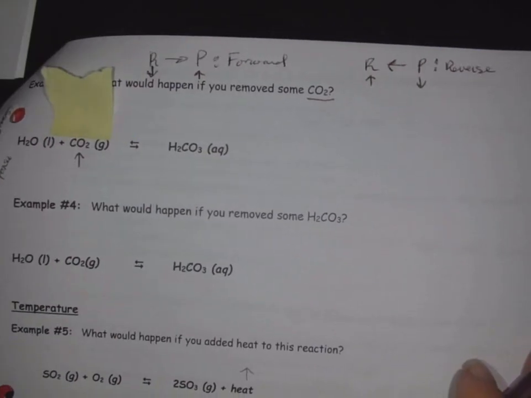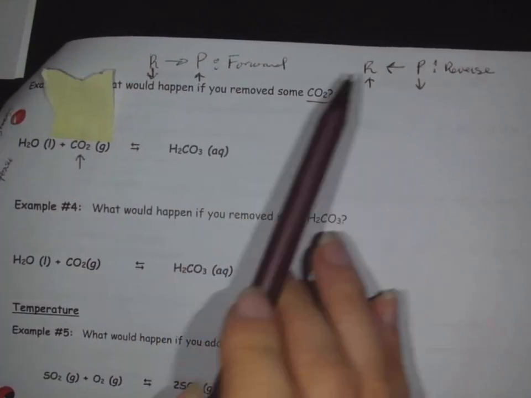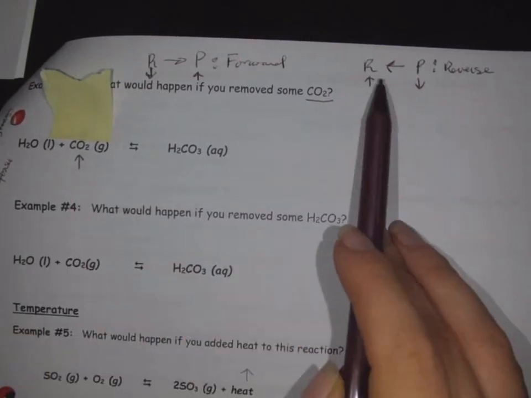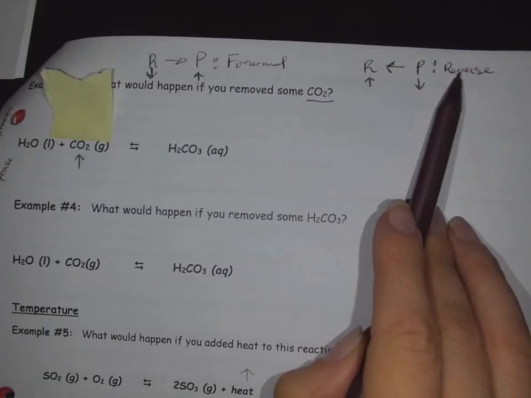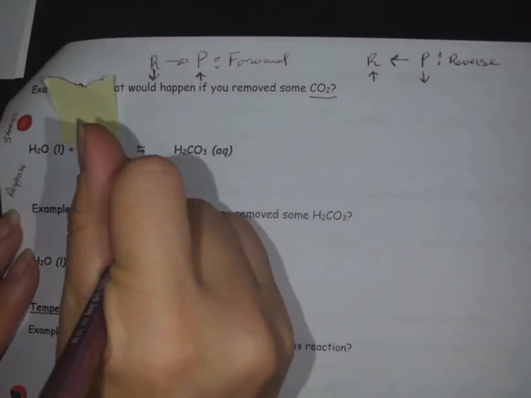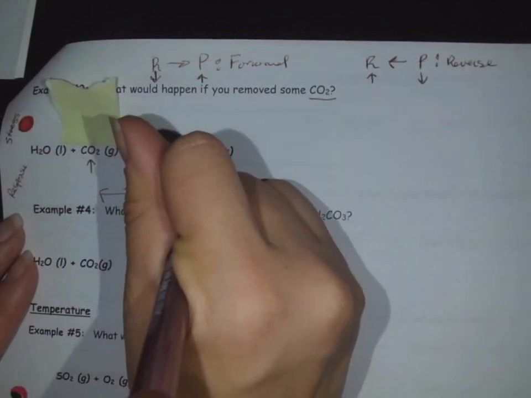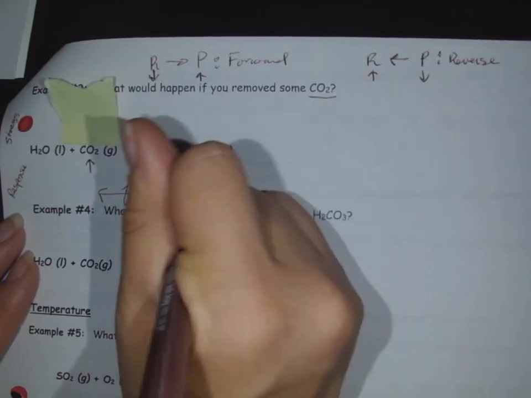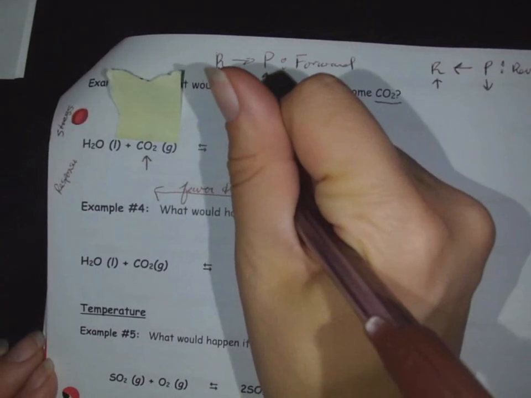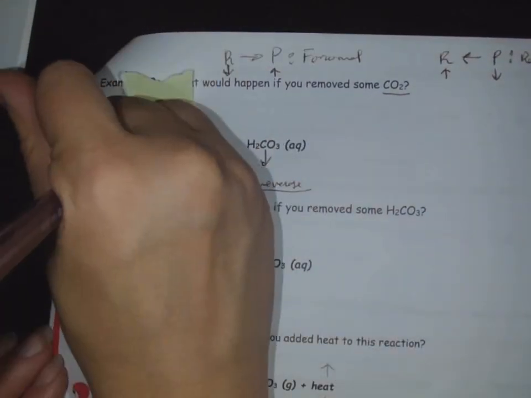People in the classroom, which one is that going to be? Is that going to be a forward or a reverse reaction if it's increasing a reactant? Reverse. Good, that's going to be a reverse. So the reaction is going to favor the reverse. A result of favoring the reverse is that the products decrease and the reactants increase.